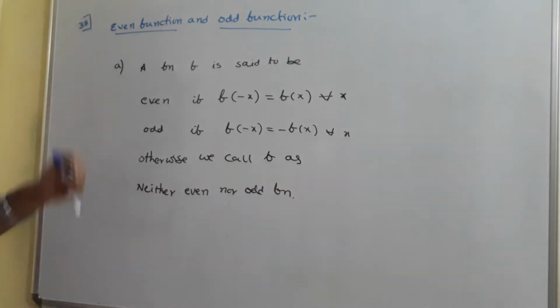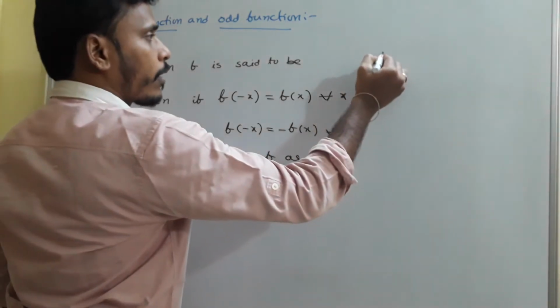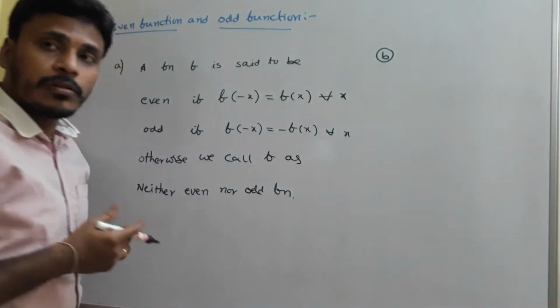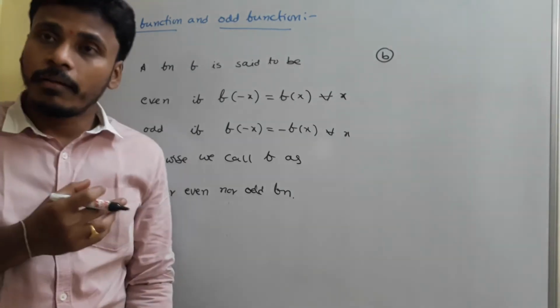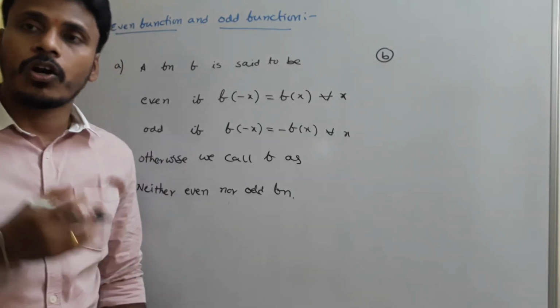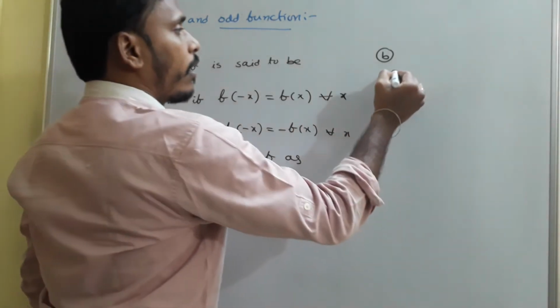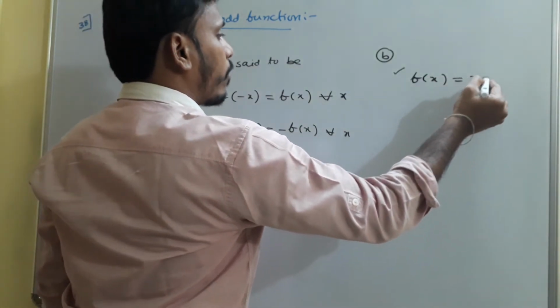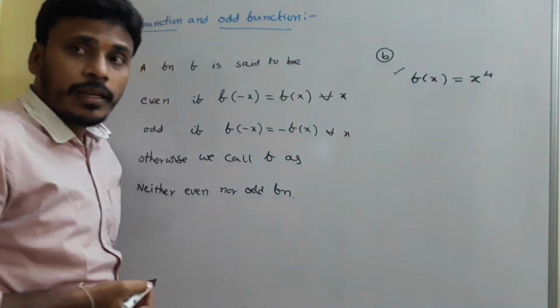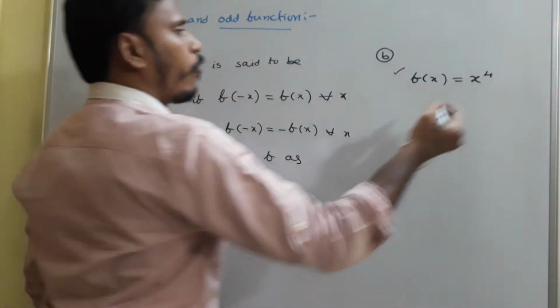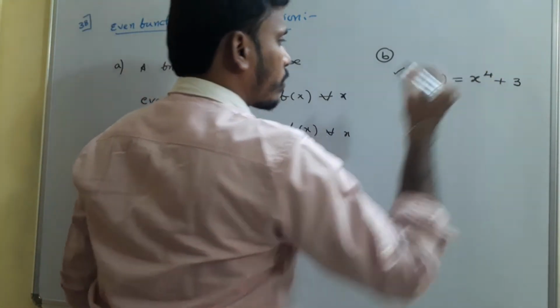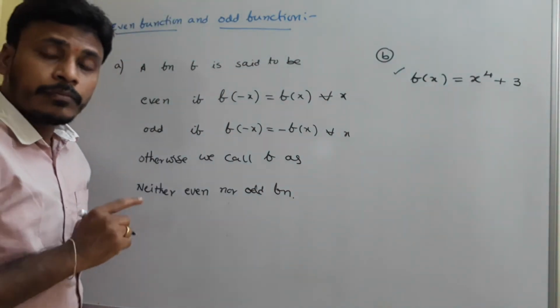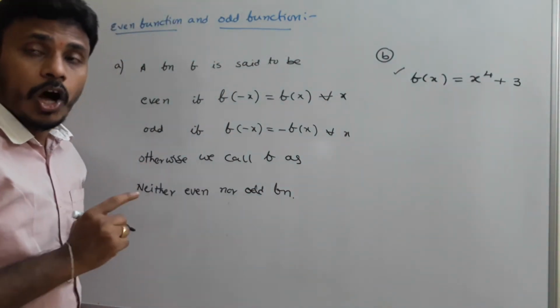Let us see some examples here. Suppose I take a function and check whether it is even or odd. Suppose f of x is equal to x power 4 plus 3. We need to check whether it is even or not.